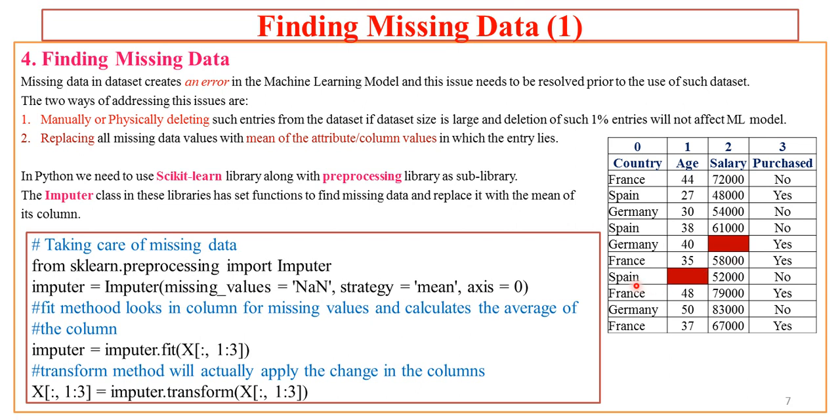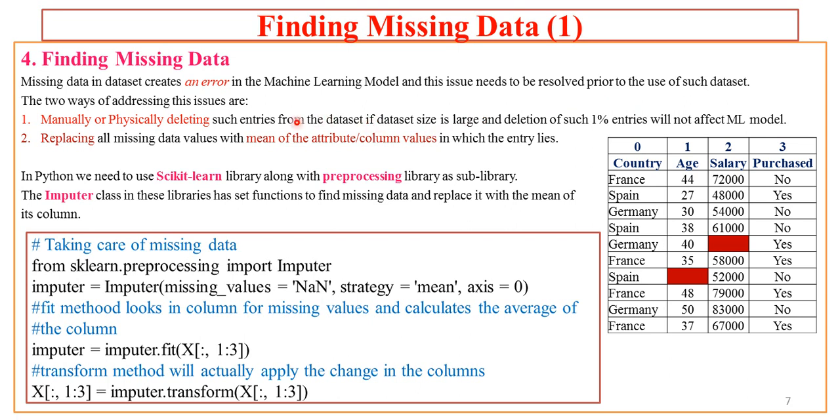And one more entry is Spain, there is no value for age, salary is 52,000 and purchased is no. Why address this issue? Because the presence of such a missing value may create a problem for our machine learning model. Prior to using such erroneous data, we need to resolve the issue of missing data.